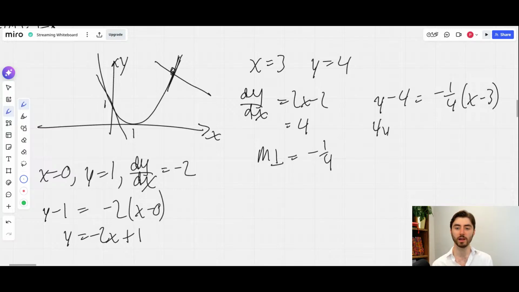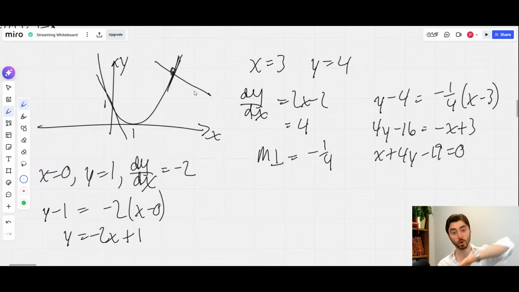And we can multiply the 4 up and multiply the minus 1 in and say that x plus 4y minus 19 equals 0 is the equation of the normal at that point. So using differentiation to work out the tangents and the normals at different points.